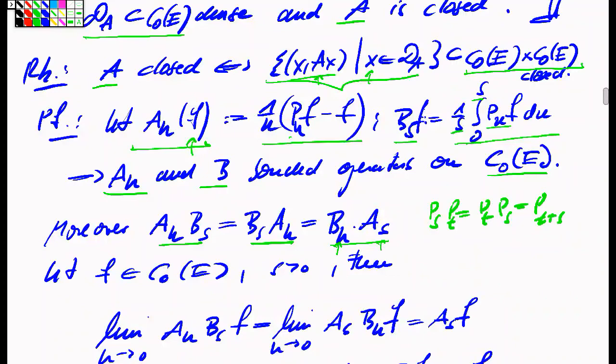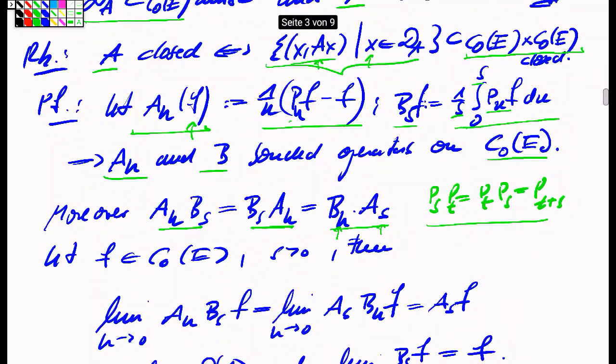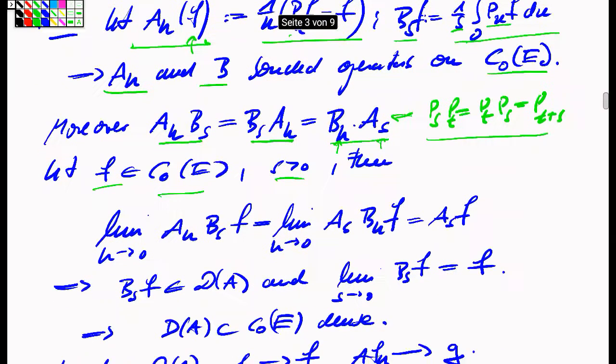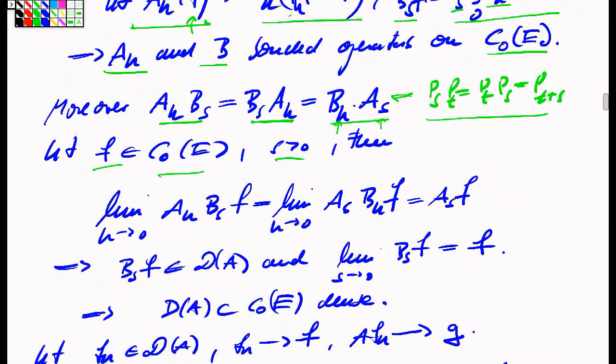So therefore we have this commutation rule for the semigroup, and that implies also that we have these commutation rules for these two operators A and B. Now, let us pick a function from the function space and choose S positive. And let's take a look at the approximation of the difference quotient by means of this A_H operator.